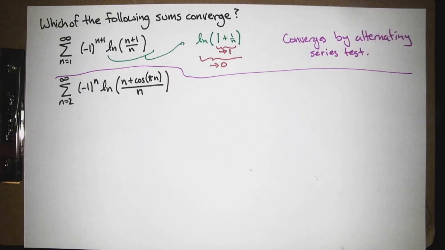I see a hand up. Does it converge? Maybe. Can you tell me why? Because cosine pi n is 1, so it's still 1 plus 1 over n. Is cosine pi n always equal to 1? Negative 1 over n. Okay, so it's 1 or negative 1.